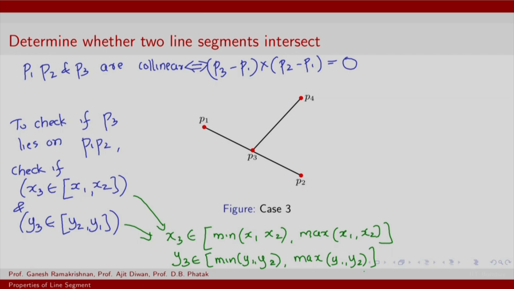If this is not the case, it could mean that P3 is indeed collinear, but it does not lie on the line segment.